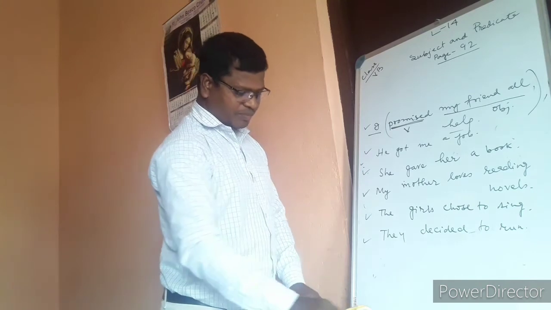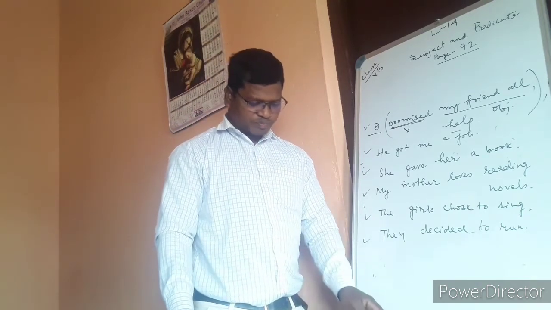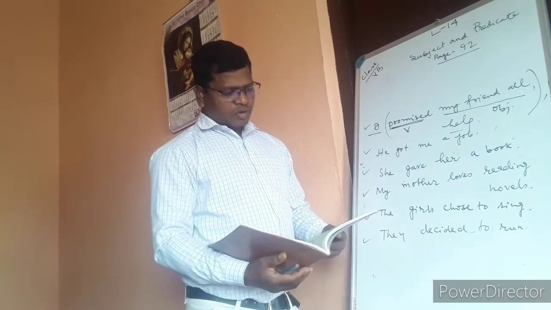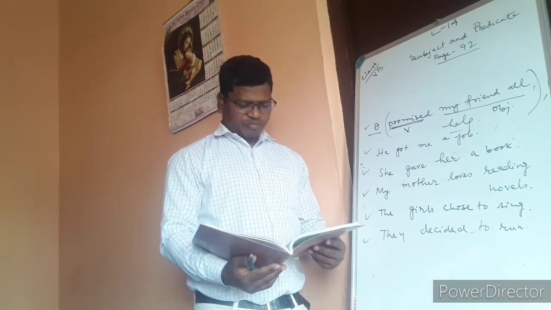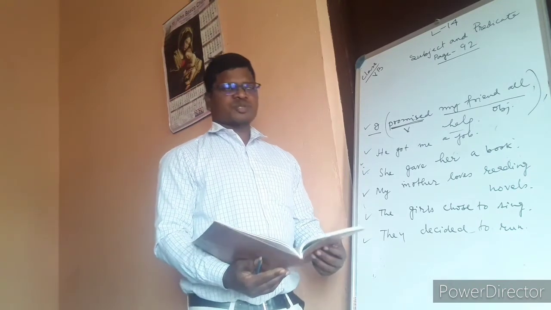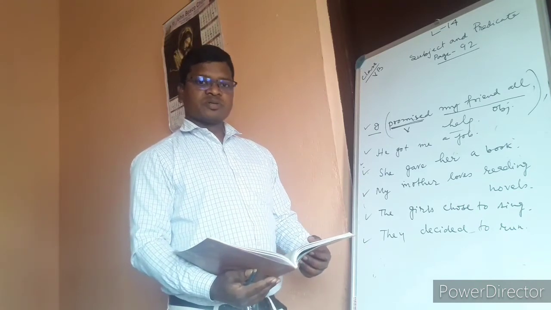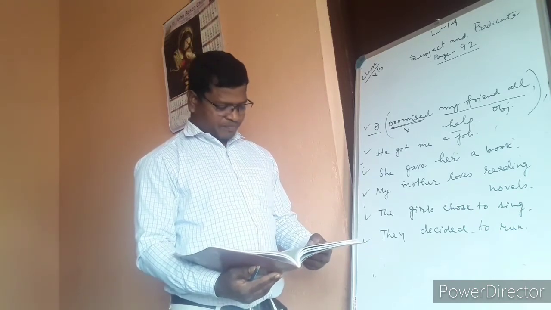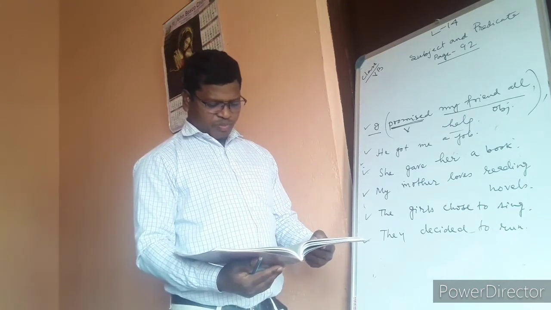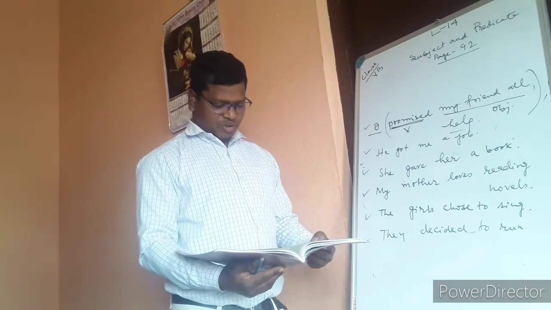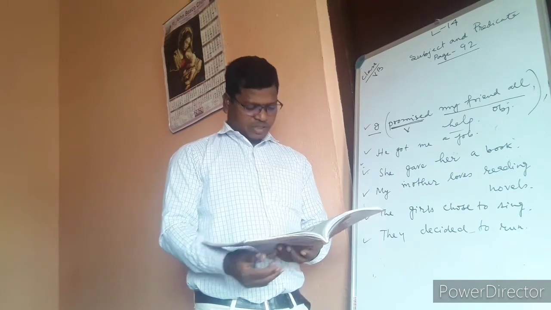Now let us see from your book, page number 92. Complete these sentences imaginatively. We have 5 of them. In some of the sentences you will see either the subject or a predicate is missing, so you must write them down in the copy. You know already that for a sentence to be grammatically correct and sensible to others, it has to have a subject and a predicate.